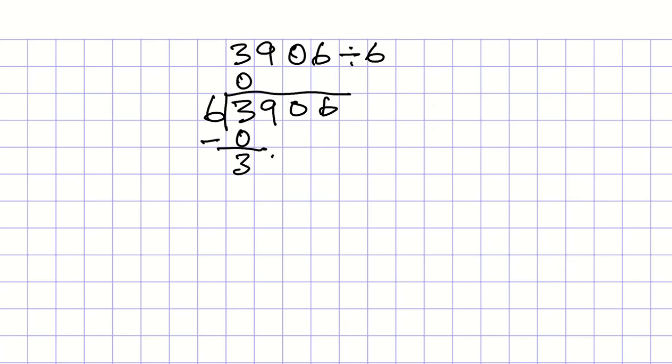You bring 9 down. Now you repeat the process. 6 can go into 36 to get 6, right? So you put the 6 here. You say 6 times 6 is 36, and then you subtract 36 from 39, you get 3.